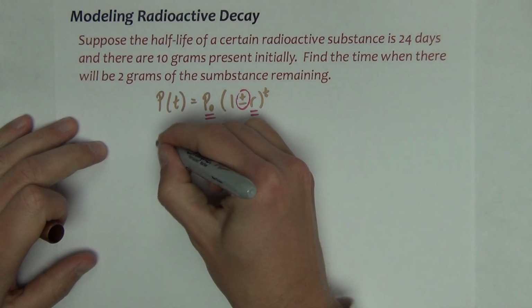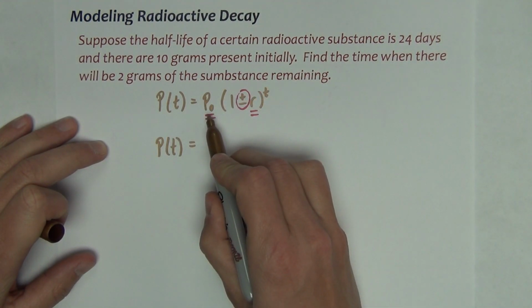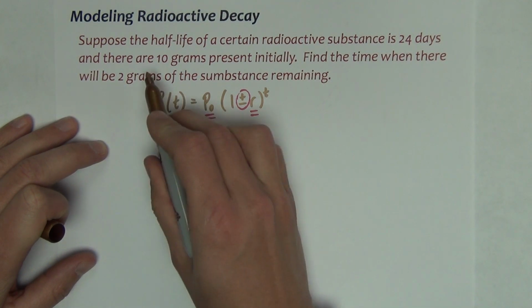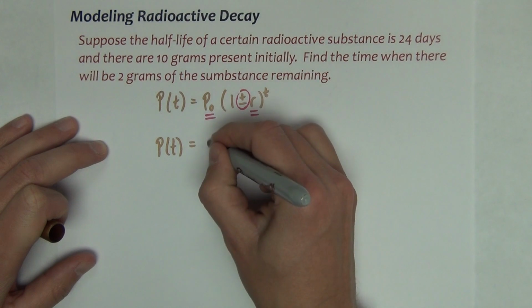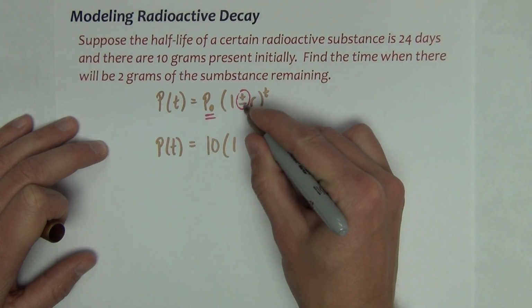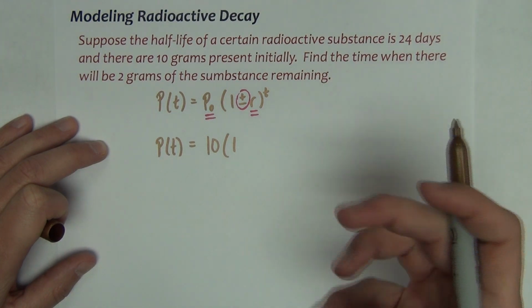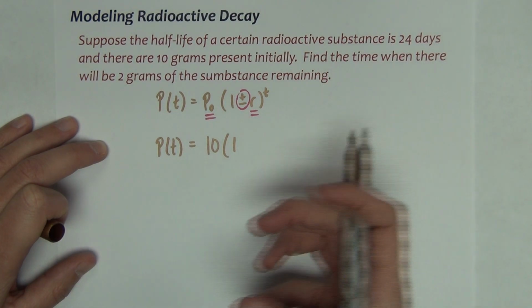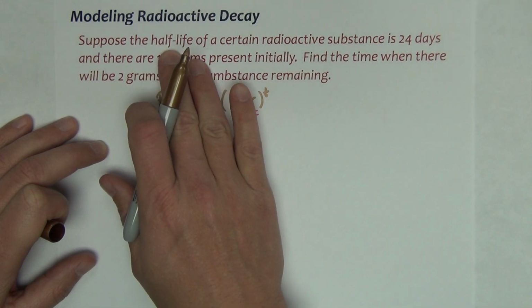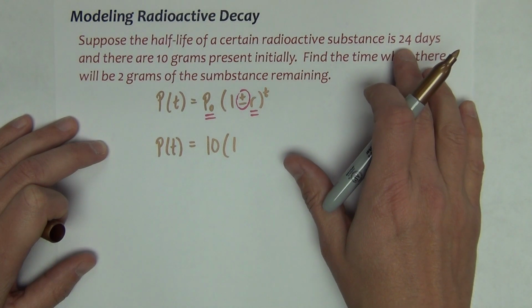So we have P of t equals the initial amount. It tells us there are 10 grams present initially. So 10 times 1. We're going to choose plus or minus. Here the radioactive substance is decaying because it's a half-life problem. So there's half of the amount remaining every 24 days.